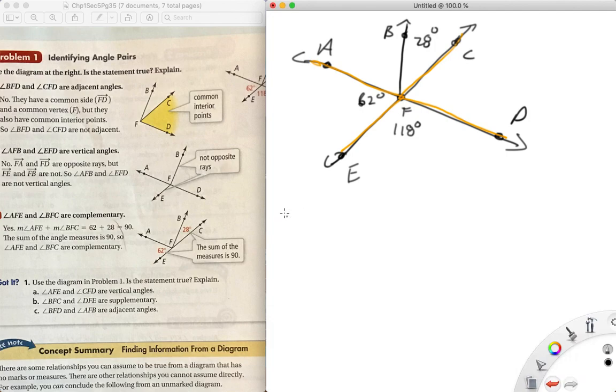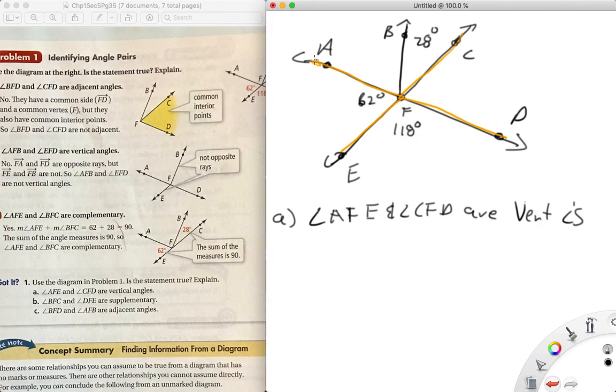yes. So for A, angle AFE and CFD are vertical. And they're vertical because they have a pair of opposite rays.